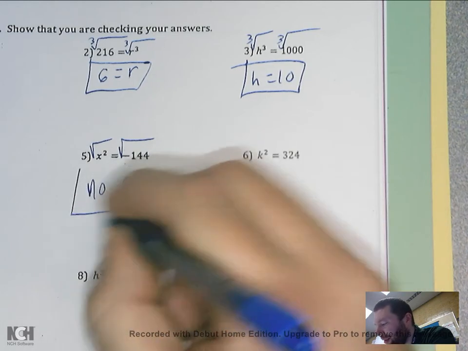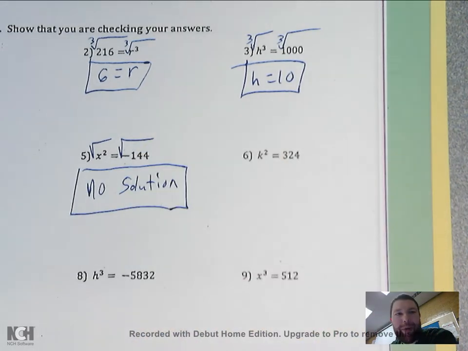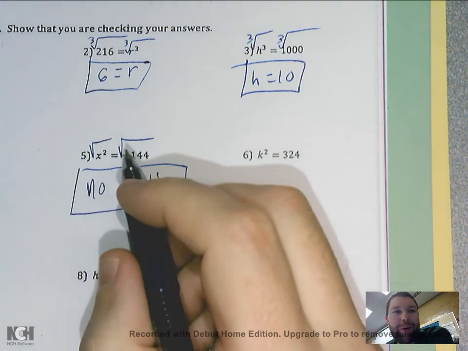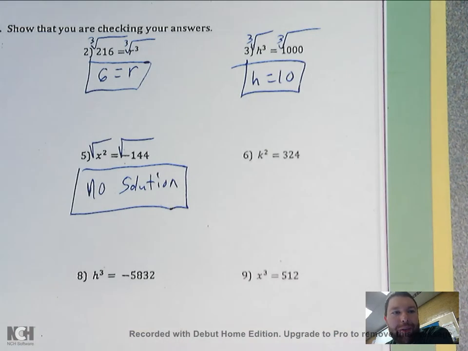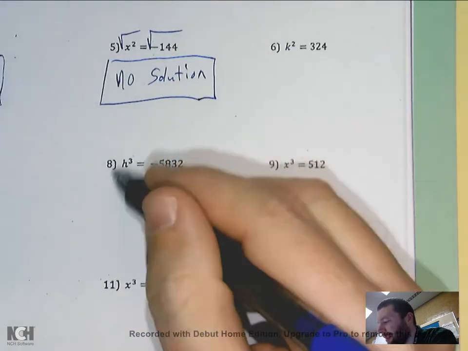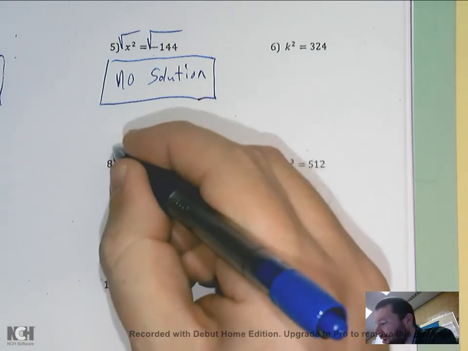This is going to be one of the things that tricks up most of you guys. You get into this groove of square rooting and cube rooting, but then when you run into this negative, you don't know what to do. If you try to square root a negative, it doesn't work. That being said, if I look at this one, that's a cube root, h to the third.